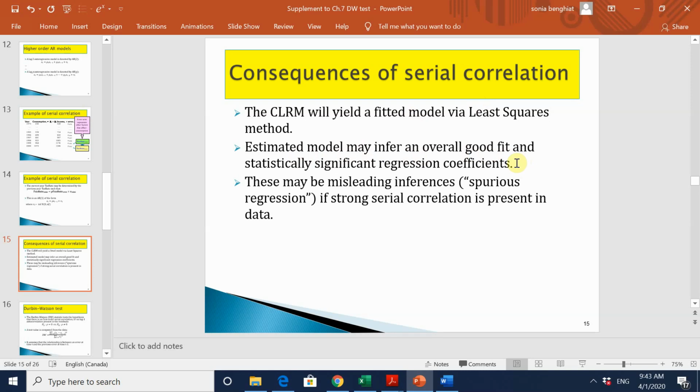And then, of course, we have all these misleading inferences, what we call spurious regression, which implies here that we've got statistically significant predictors. The standard error of y appears to be better than what it really is, etc., etc. Hence, again, a spurious regression.